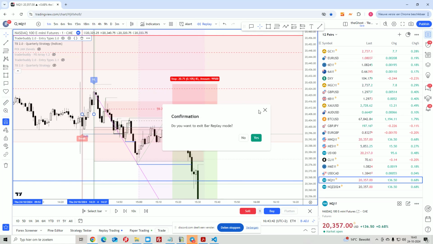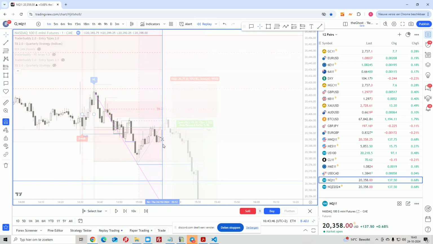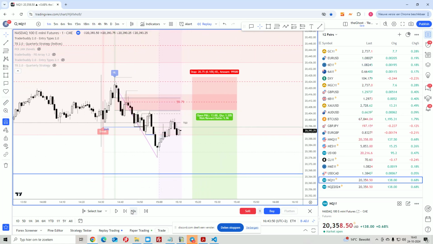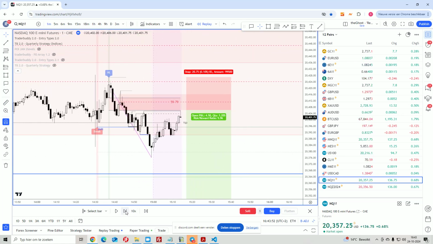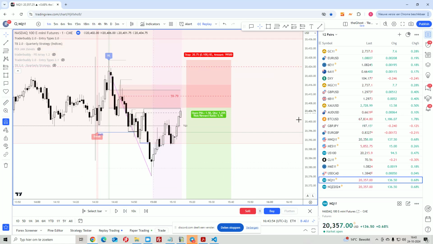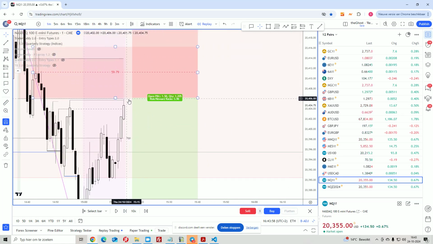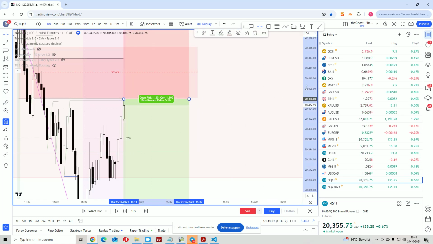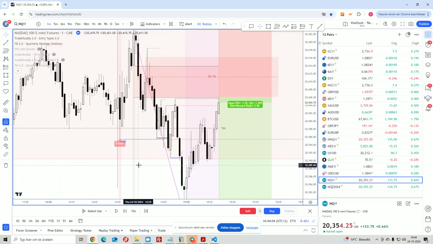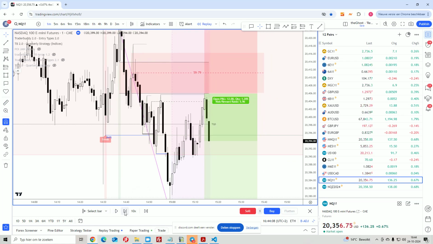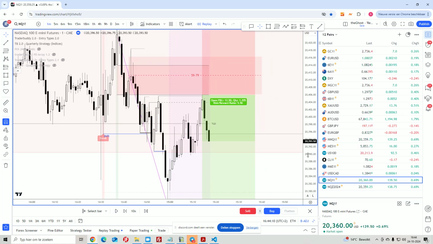Now we have to go to the replay again, to the situation where it evolved. Okay. And now we see that we exactly trade to this level. And I don't know if we get a more convincing candle. No, we do not.